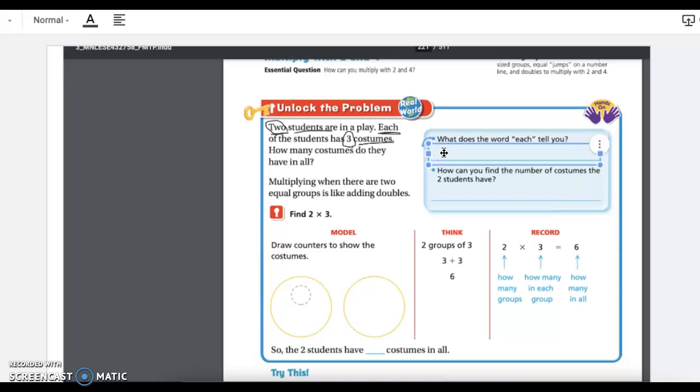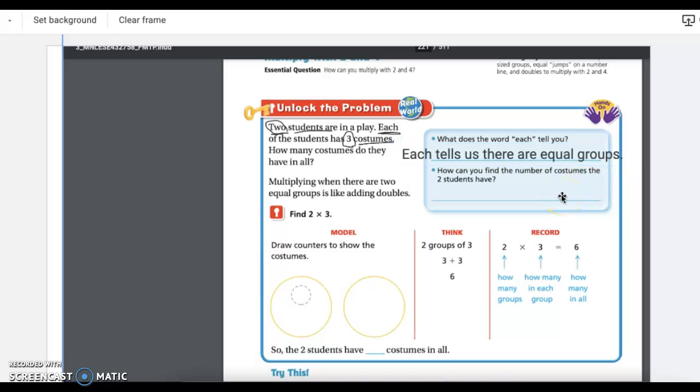It tells us that each tells us there are equal groups. I got to fix that for us, sorry. Equal groups, right? Because they each have 3 costumes. Let's see if I can get it up there.